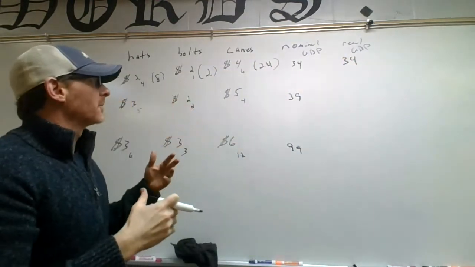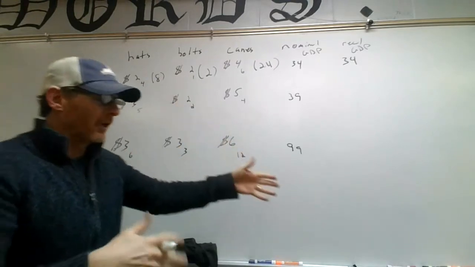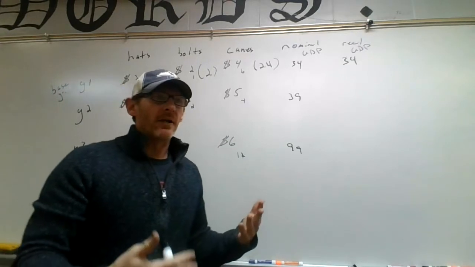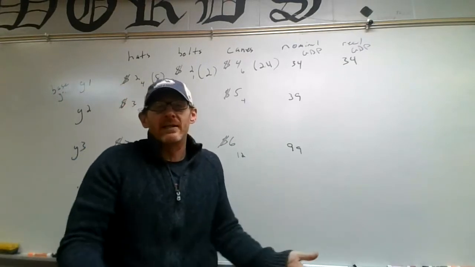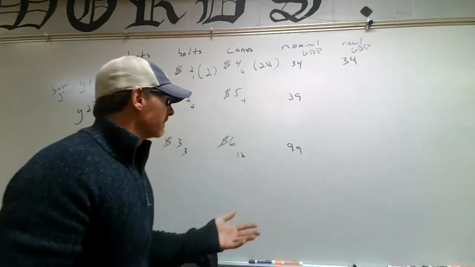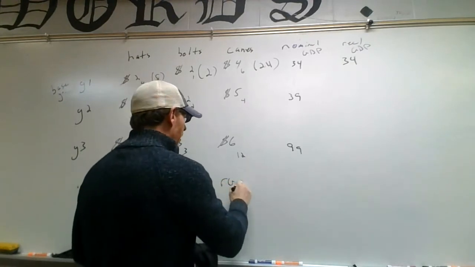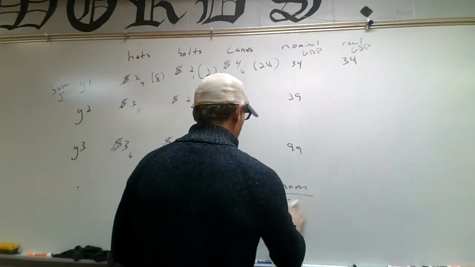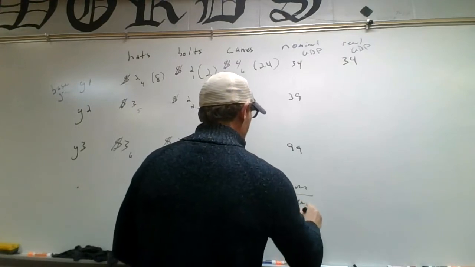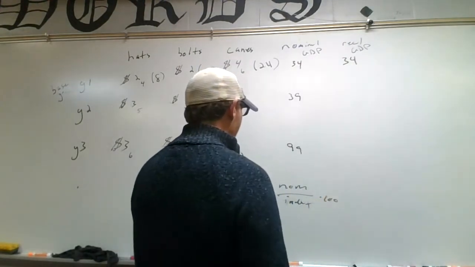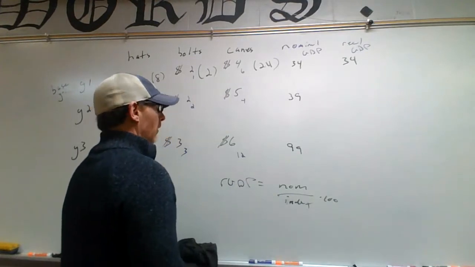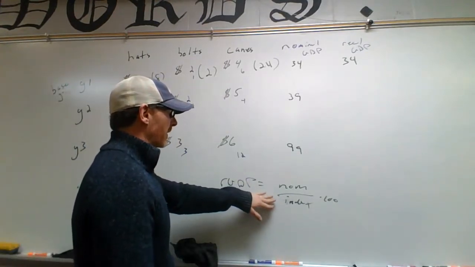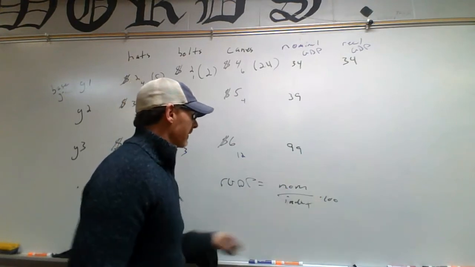Remember, because in the base year, the real and the nominal are the same. Just like in the base year, the price index is 100. Well, that should make sense, right? Because if you think about it, if real GDP equals nominal over the price index times 100, and if the nominal is 100 and the price index is 100, then it ends up being 100.